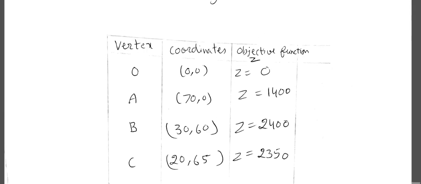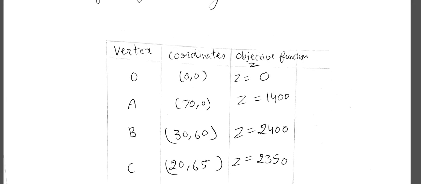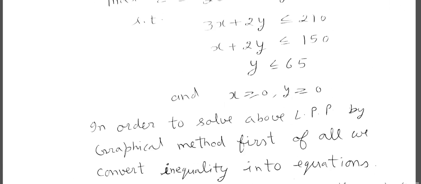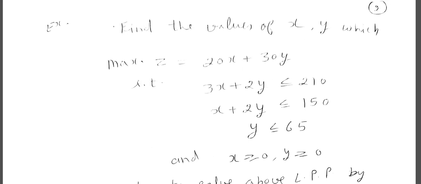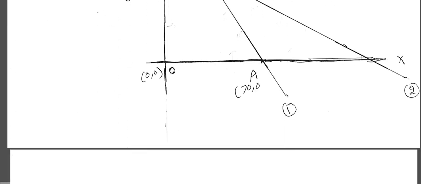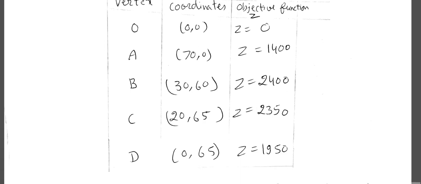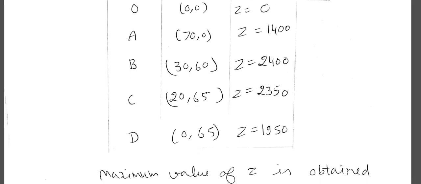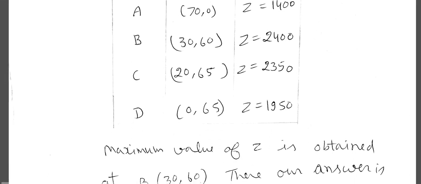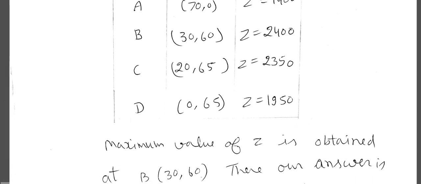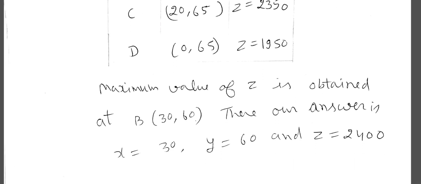For these values, objective function z, which is z equal to 20x plus 30y. So for O, z equal to 0, for A, z equal to 1400, for B, z equal to 2400, for C, z equal to 2350 and for D, z equal to 1950.